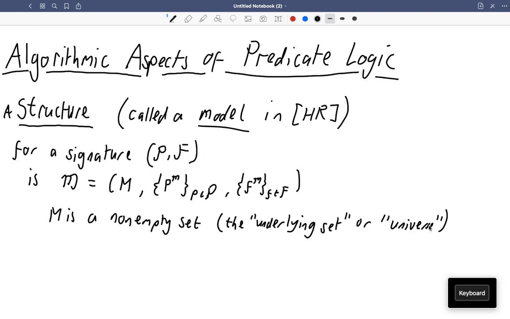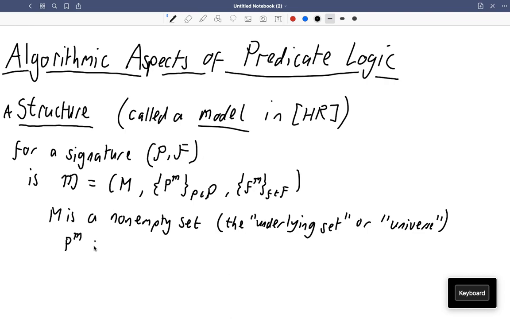And what we have here is a collection: for every predicate symbol P in the collection of all predicate symbols that we've got in our signature, we have a mathematical function, P superscript M, which we read as the interpretation of the predicate symbol P in the structure M.